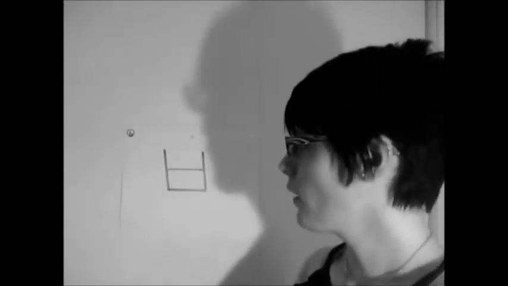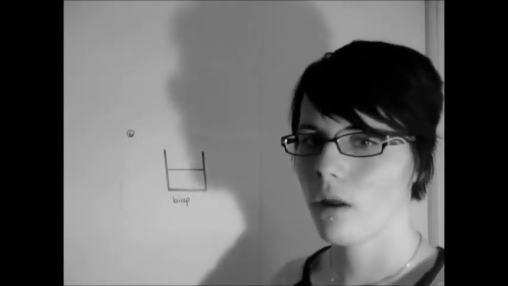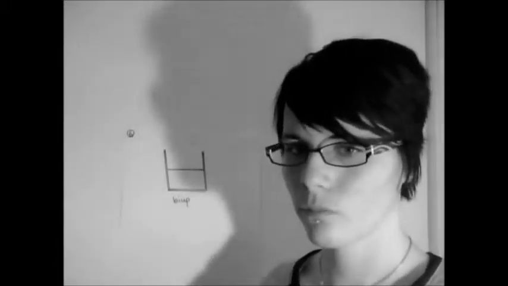Bieup is the sixth letter of the Korean alphabet, and you write it like this. Bieup says B or P, depending on the word you're reading or writing.